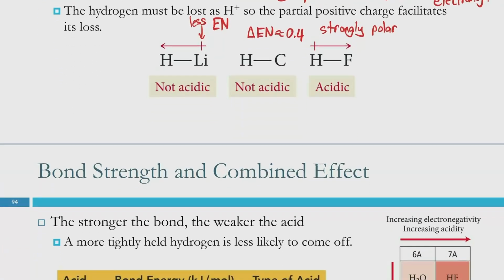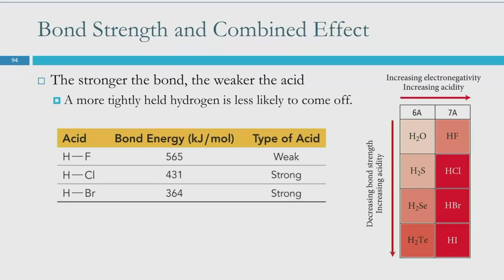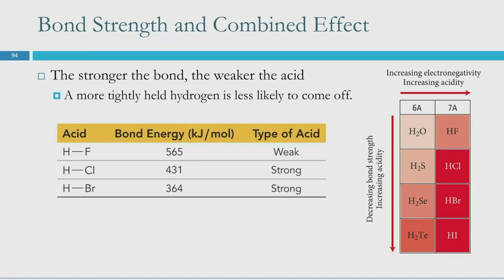And our second condition is that we have to have the right amount of bond strength. The stronger the bond between our H and our F, the weaker the acid.